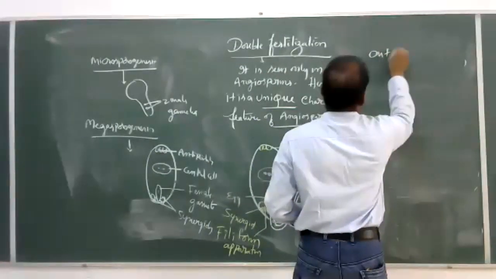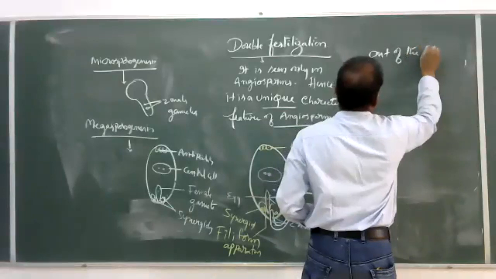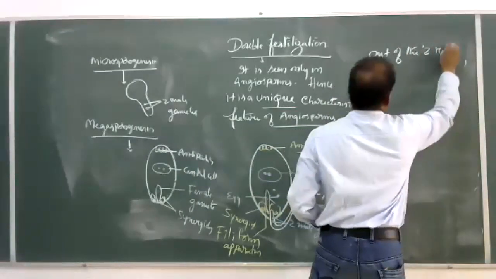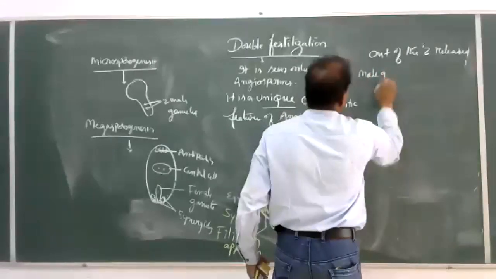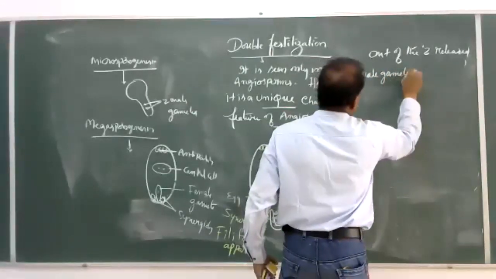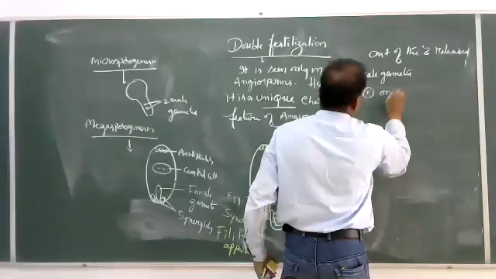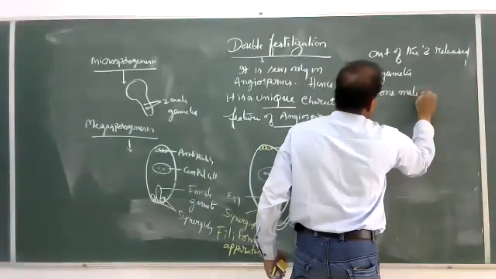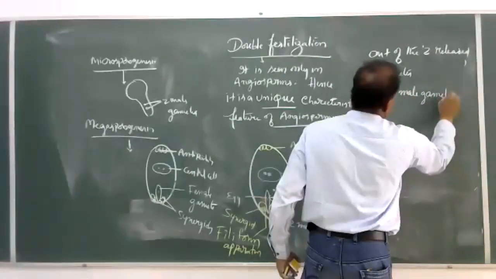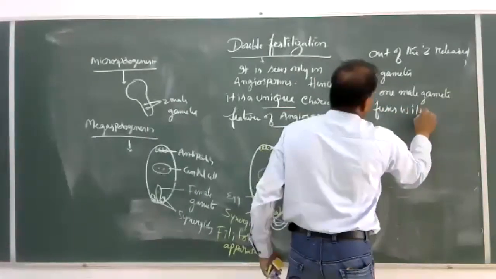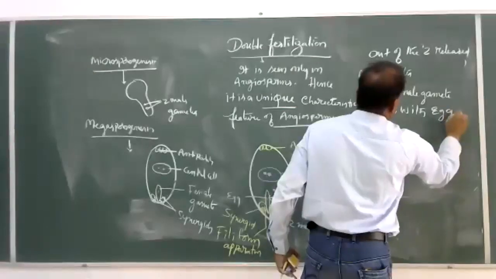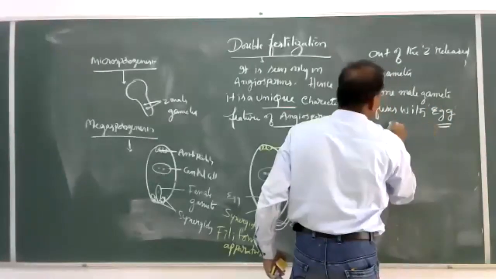Out of the two released male gametes, one male gamete fuses with the egg or female gamete.